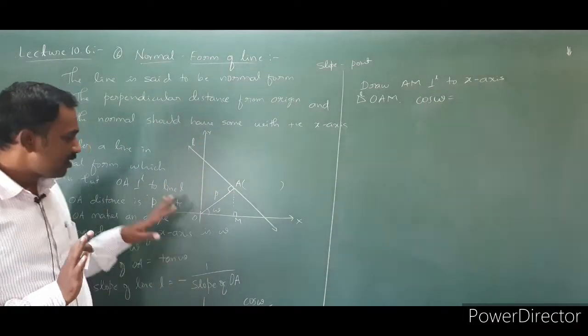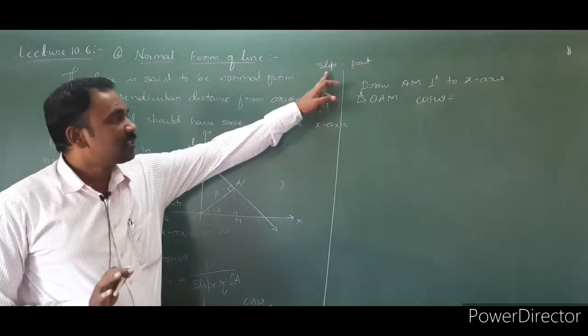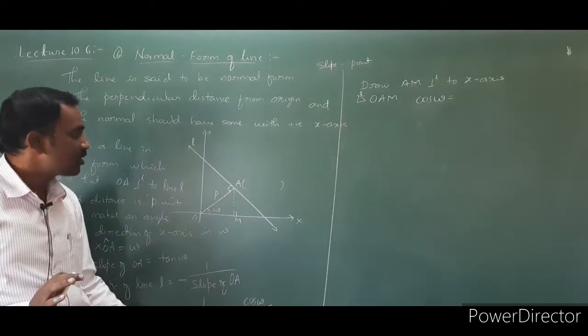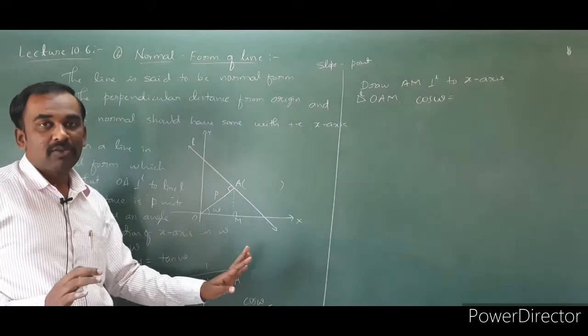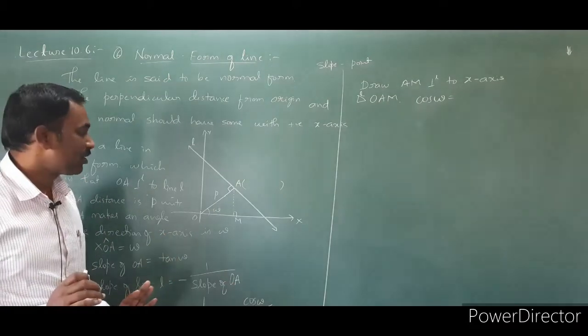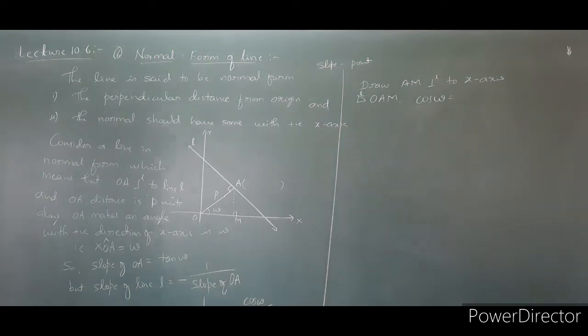Are you following? Very simple thing. To find the equation of this line, I am using this formula. Already we got the slope, and one point I am trying to get. What is that point? The coordinates of A I am trying to get. Okay. Now, what is the cos of omega? Cos omega is equal to how much?